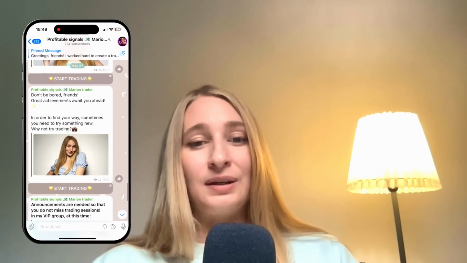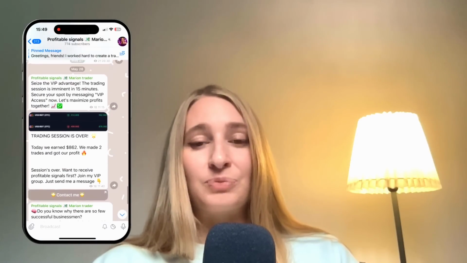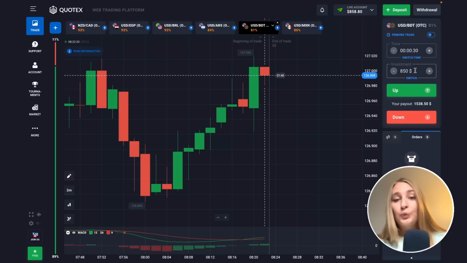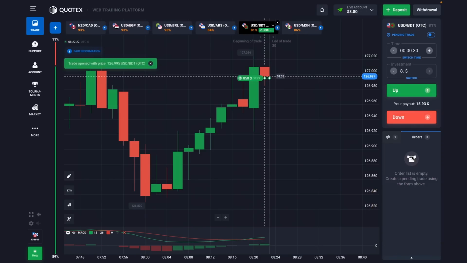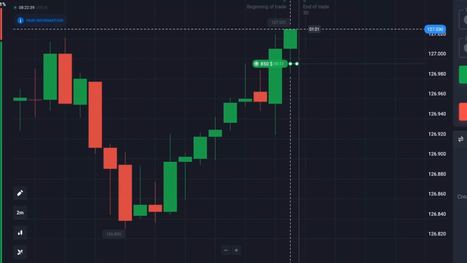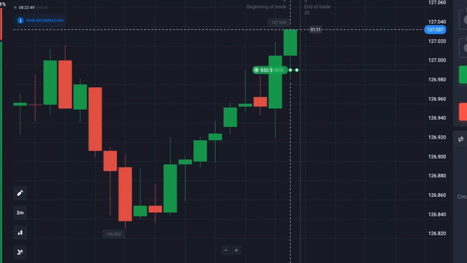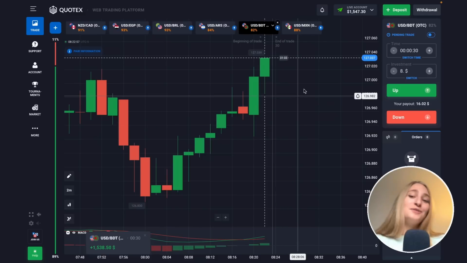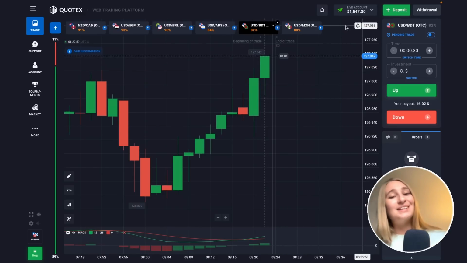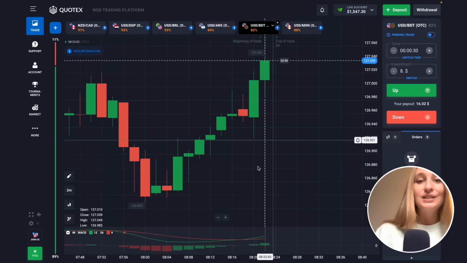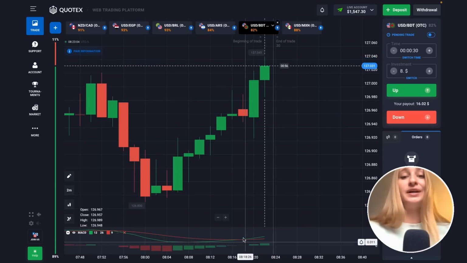And let's see, I will go with my $850, because I'm looking at a good entry point right over here, and see how it will work with the call option. I have $1,000 in my pocket, and I'm really happy because you see that the MACD showed me really cool signals.